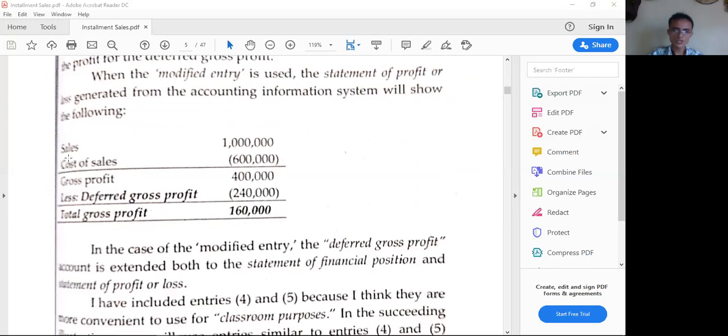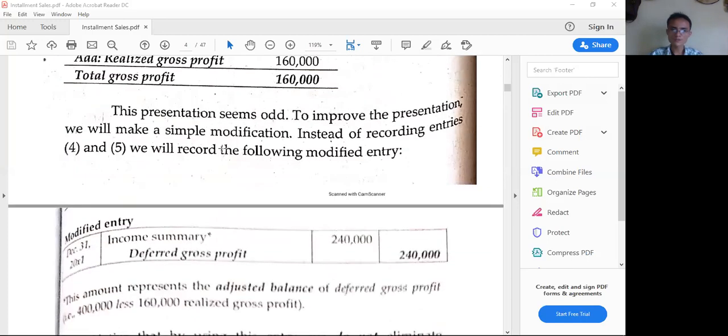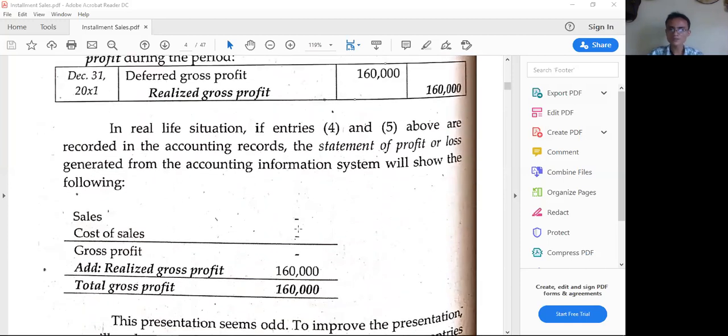So you have the gross profit deferred. Now take note that in this situation, it is presented the 1 million installment sales in the same format as the regular sales here. So we can make use of this format just to get the deferred gross profit anyhow.